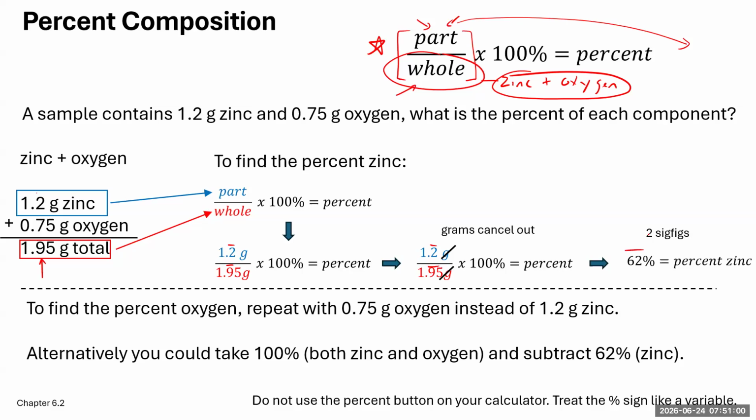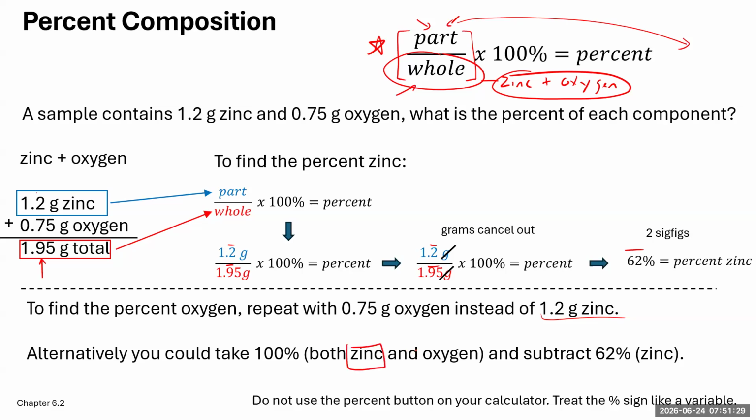All right. So again, add up the totals, just like we did mass percent, right? We had to find out the solute and solution. We added those up. To find the percent oxygen, you would just repeat that with the 0.75 grams of oxygen instead of the 1.2 grams of zinc. Alternatively, you could take 100% because you only have two things in this mixture compound, right?